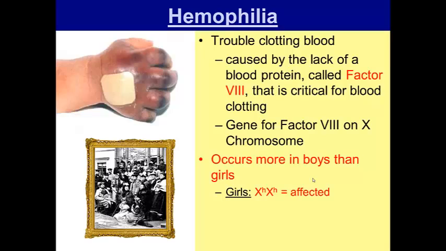Affected males are homozygous recessive for the affected gene. Carriers are heterozygous, contain one dominant and one recessive allele, and boys who are affected contain only the recessive allele. Not affected males contain only the dominant allele.